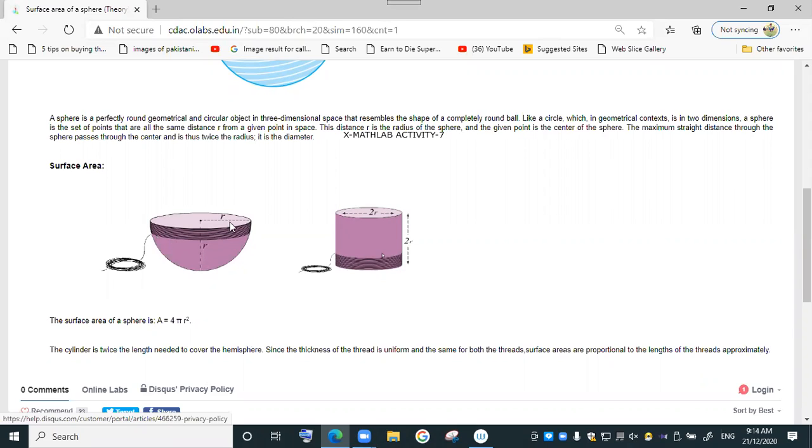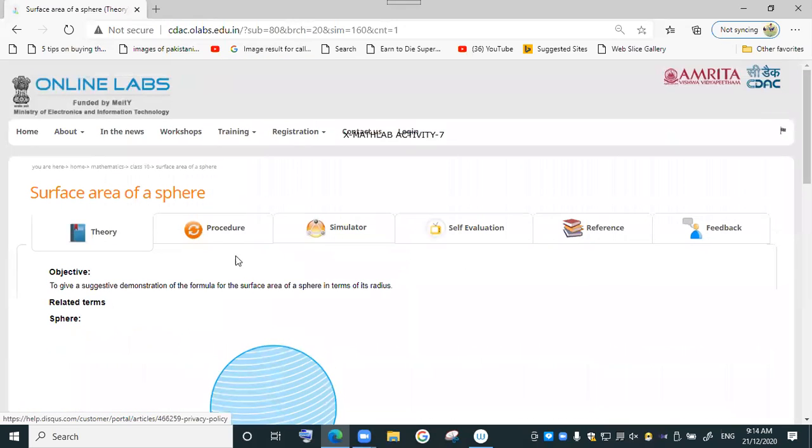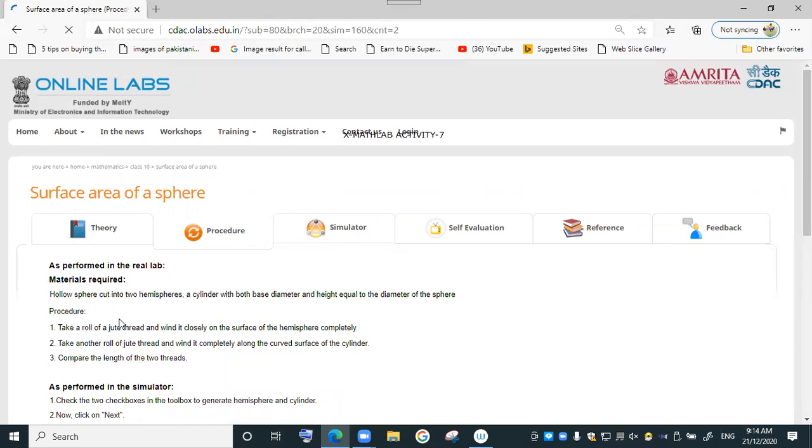So by this thread we made this one, and the same thread is used to make this one. That means the surface area of this sphere and the surface area of this cylinder are equal. On this basis we will do the activity.